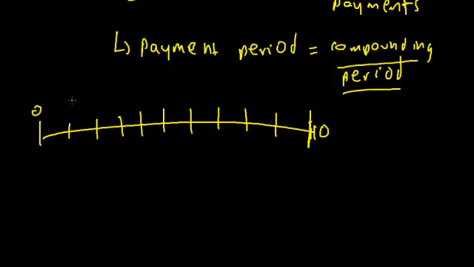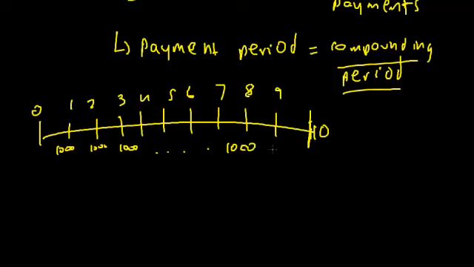In every year you're investing $1,000. So year 1 you invest 1,000, year 2 you invest 1,000, year 3 you invest 1,000, and so on. Year 8, 1,000, year 9, 1,000, and year 10, 1,000. Okay, simple enough.